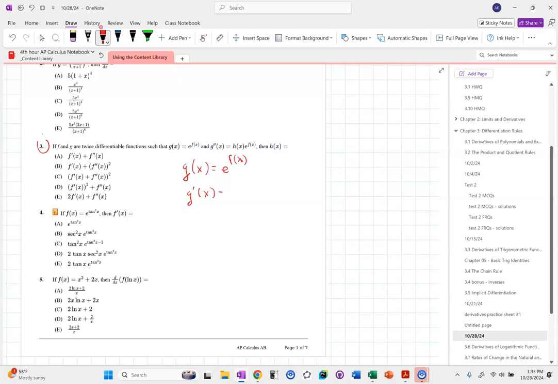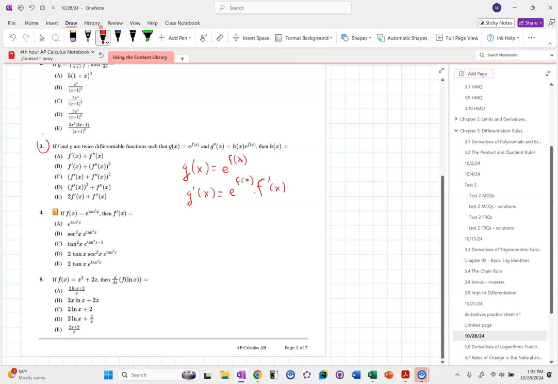F of x is inside of the function e to the x, right? To do the chain rule, I do the derivative of the outside function. The derivative of e to the x is just e to the x. So I have e to the f of x, and then times the derivative of the inside function. The derivative of f of x is f prime of x.